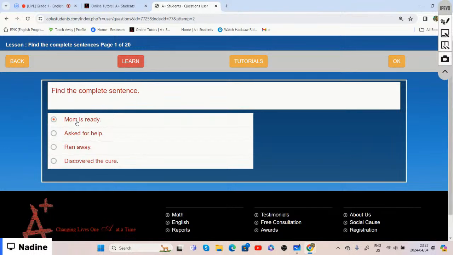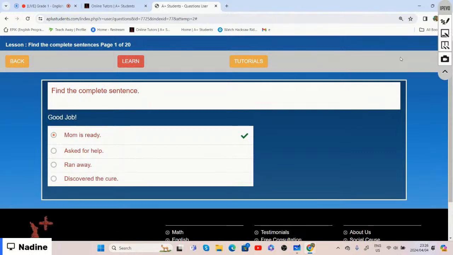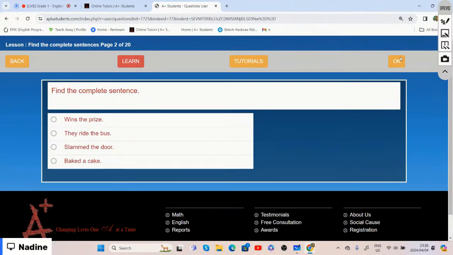And if we were to find the complete sentence, then we can say, Mom is ready, because mom is our naming part, is ready is our action part.